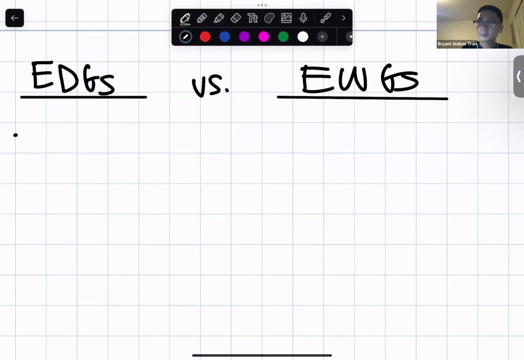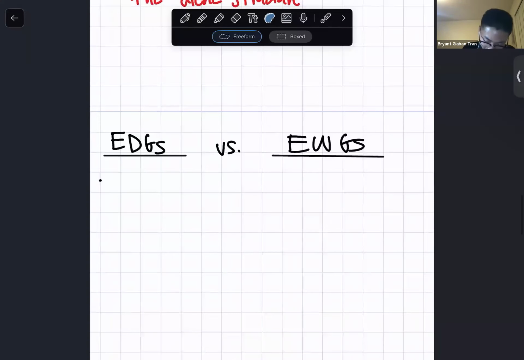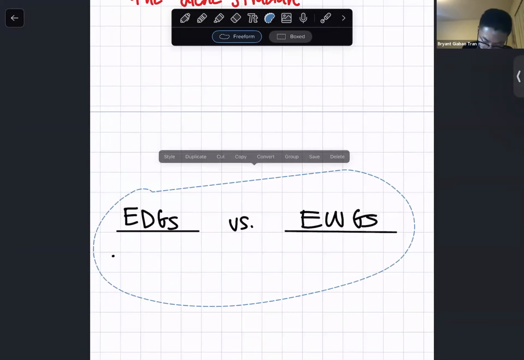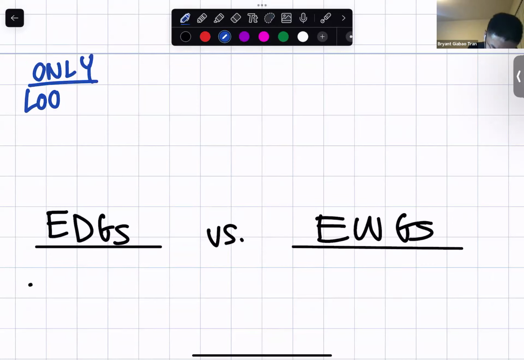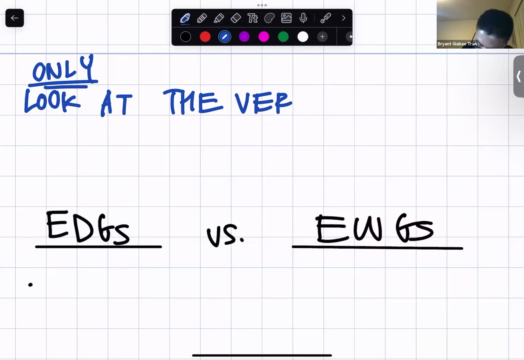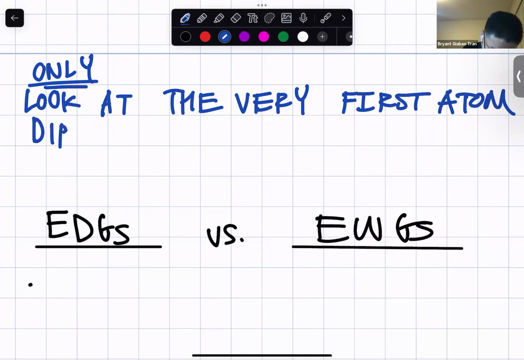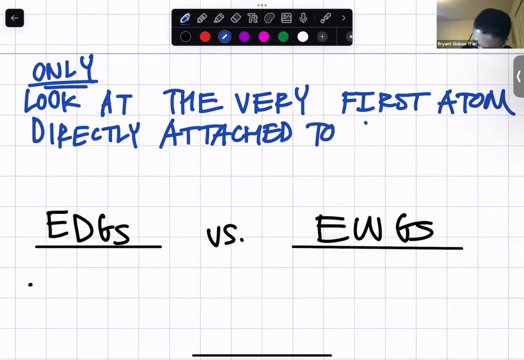So an EDG, think of it like this. Before that, for both of these groups, only look at the very first atom directly attached to the system.